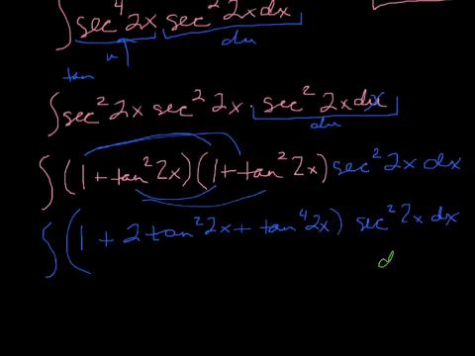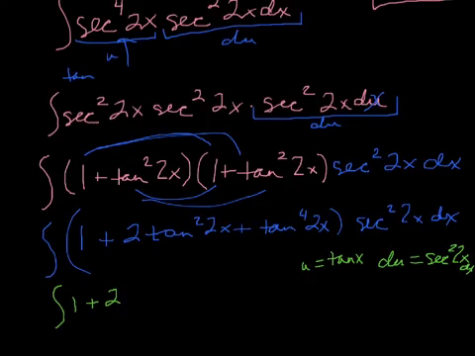You already knew that du was going to be your secant squared 2x dx. And you know u is equal to the tangent of 2x. Derivative of tangent is secant squared. So if you do your u substitution, well, 1 is still just 1, plus 2 times u.